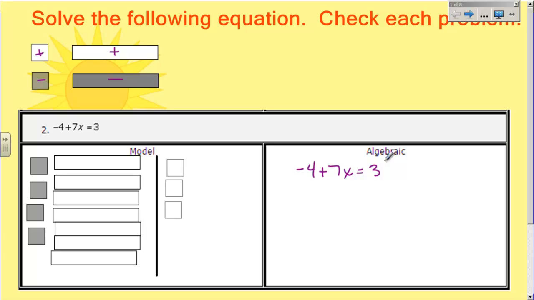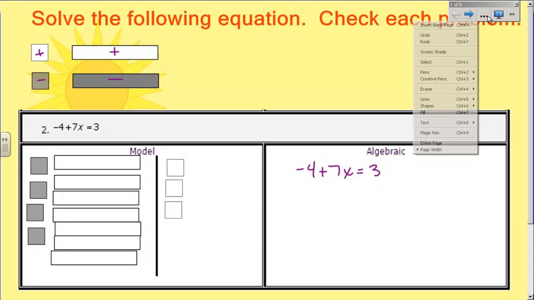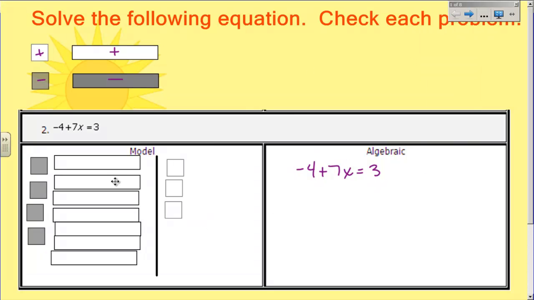Now if I want to solve this using algebra tiles, and this will be the last time I do this, at least for this kind of problem, because I have negatives on the left and positives on the right, I have to use zero pairs. I have to make these negatives cancel out in order to make them go away, because I want these x's alone. To make a zero pair, I need 1 positive and 1 negative.